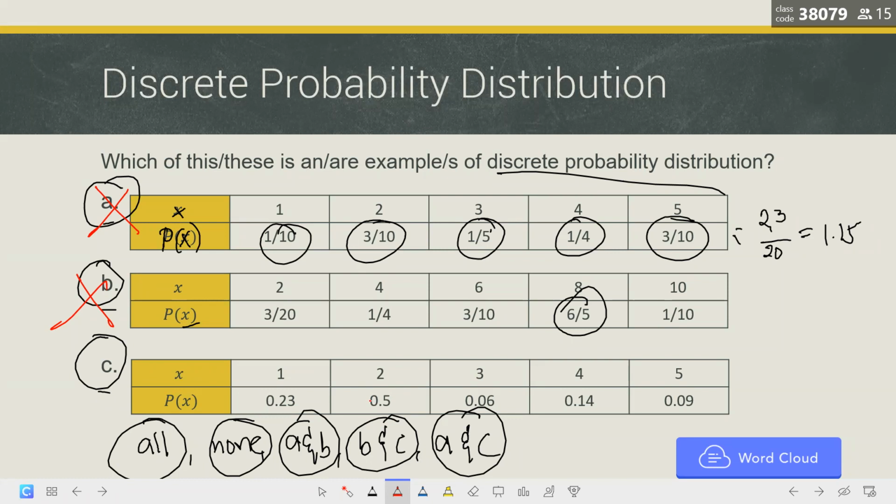Okay naman, check lahat ng probability. Less than 1 silang lahat. Pero, pag pinag-add na, ang sagot ay 1.02, or sa fraction, 51 over 50, kung yan yung nasa calculator ninyo. So, hindi siya. Wala sa kanila ang discrete probability distribution.